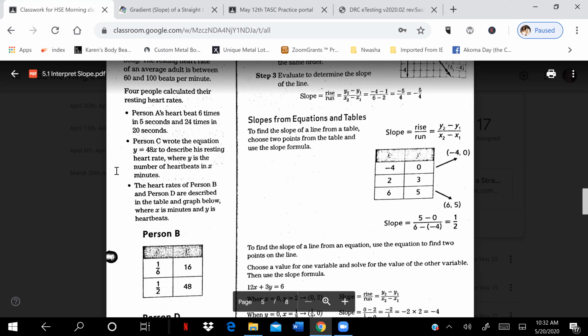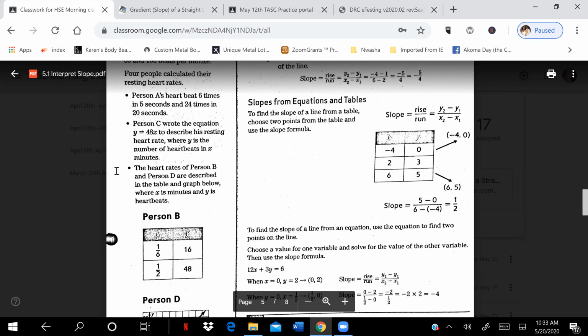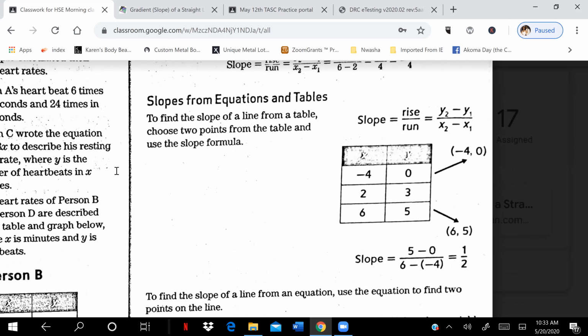So what you're doing is the same thing, saying which number should I pick out? One of the reasons why people pick out like the first one is what we were just saying. They're picking an easy number because it has a 0. It's going to make the subtraction easy, right? So they started out with the formula up at the top. Slope is the rise over the run, and now they're going to figure it out.